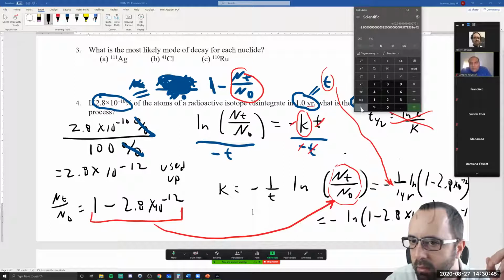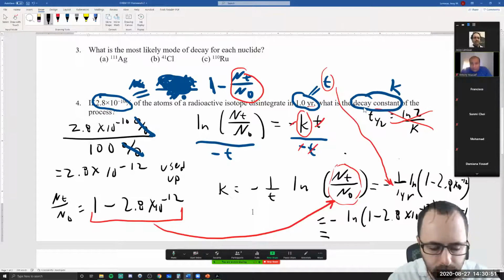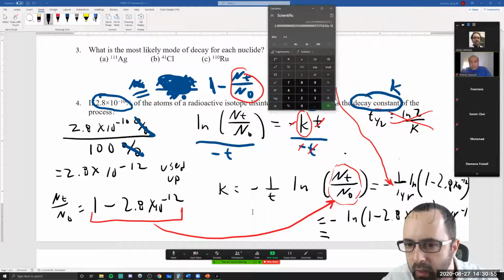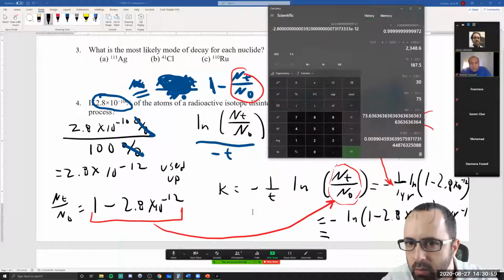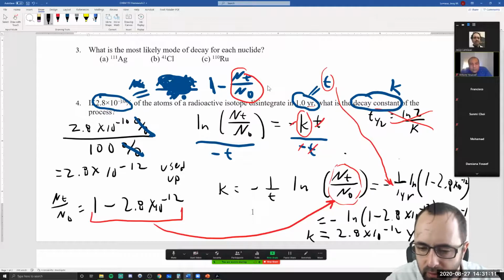Natural log gives us a negative. Okay, and let's write this with 2 sig figs now. Right here, it is a negative of a negative, so the negatives go away. 2.8 times 10 to the minus 12 inverse years. And that is k. That is your constant.